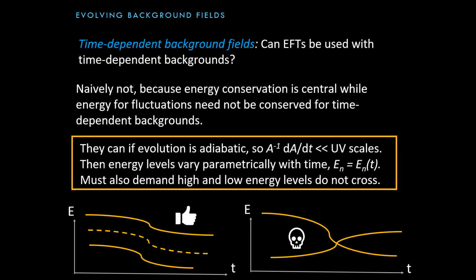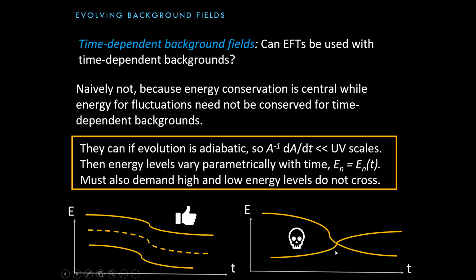And if that happens, so the bottom picture here is supposed to be a plot of energy levels against time, and the dashed line is supposed to be the dividing place between low energies and high energies. And we're assuming that there's a big hierarchy between the low energies and high energies. The main new thing you have to ask, in addition to being adiabatic, is that this evolution doesn't remove this hierarchy. So you don't want something like on the right here, where a high energy state comes down and a low energy state comes up.